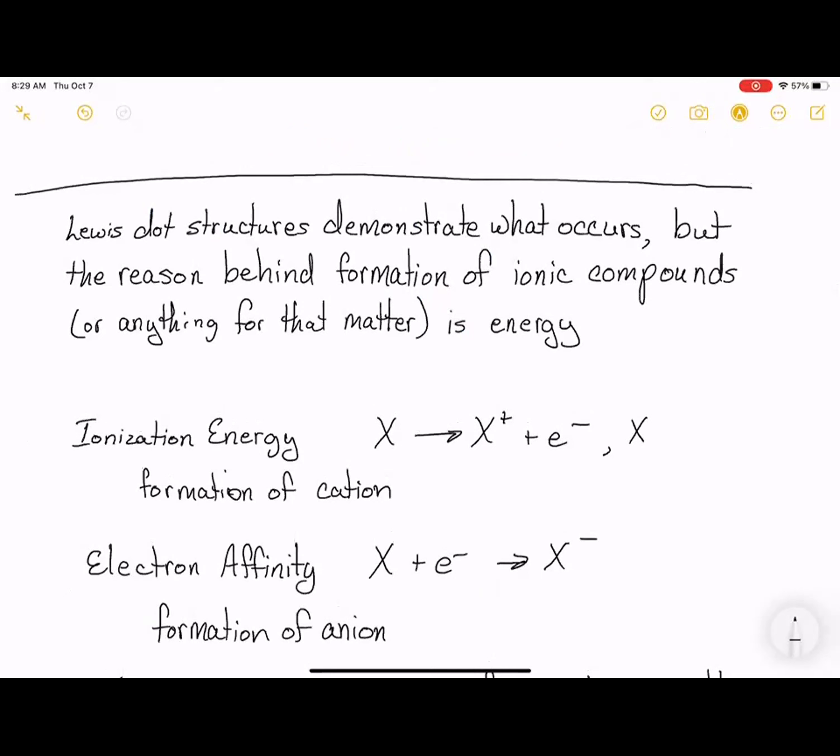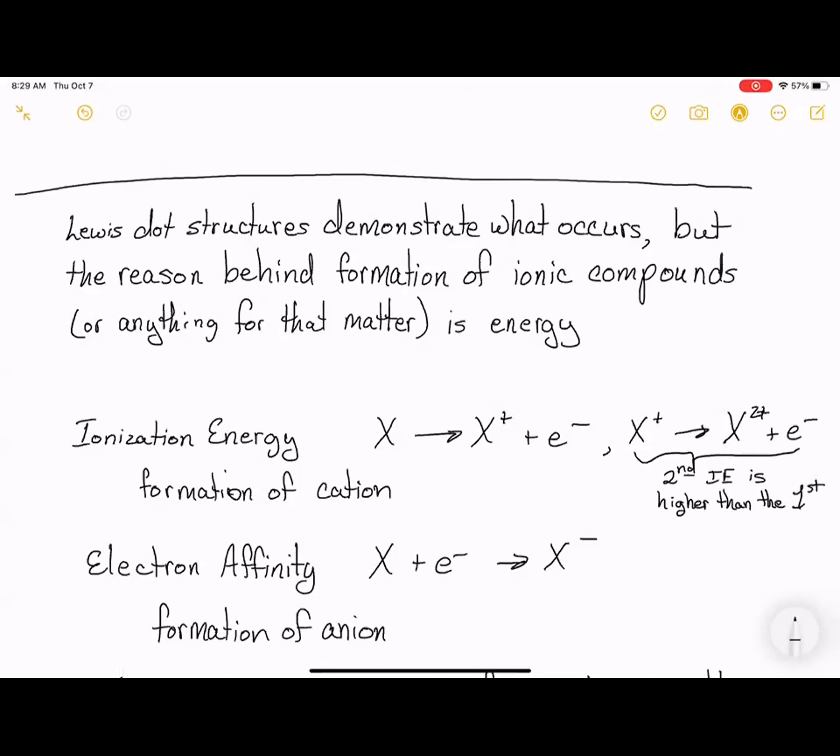So if I want to make a +2 ion, I have to lose 2 electrons in a sequential series. And we talked about how this second loss is higher in energy than the first.